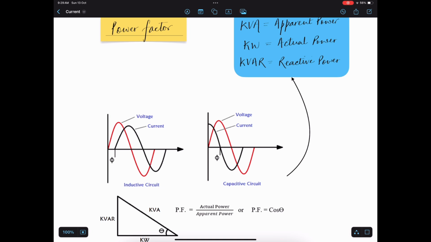So the lagging current will start to lead, and the voltage and current will now be completely in phase with each other, in sync with each other. In a capacitive circuit, the current is leading. Therefore, to make it lag a bit so that it can come in phase with the voltage, we have to use an inductive load or an inductor there.